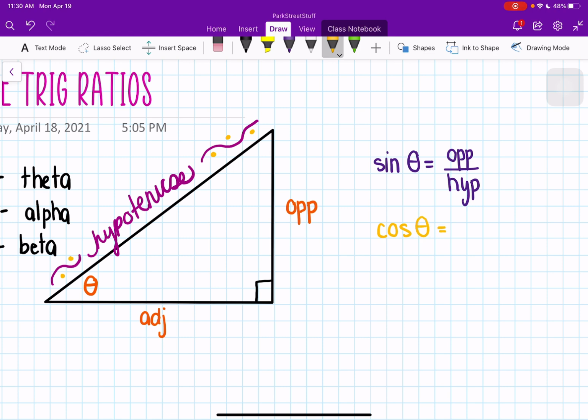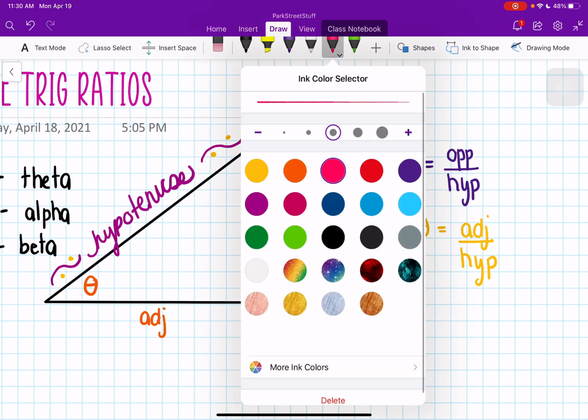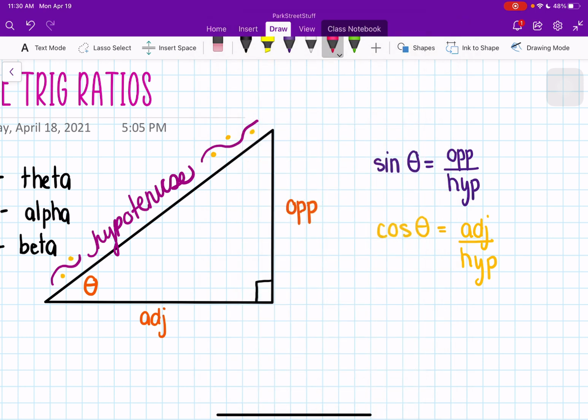So cos of theta is adjacent over hypotenuse. And then we have tangent, which we shorten as tan. And tan of theta is opposite over adjacent.